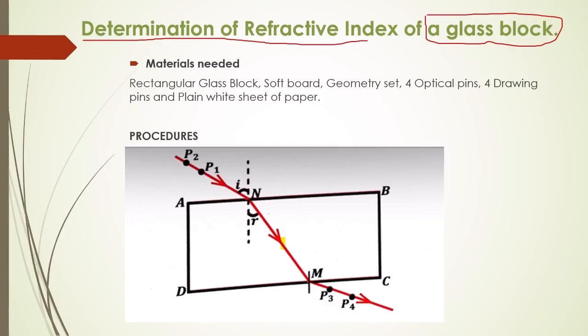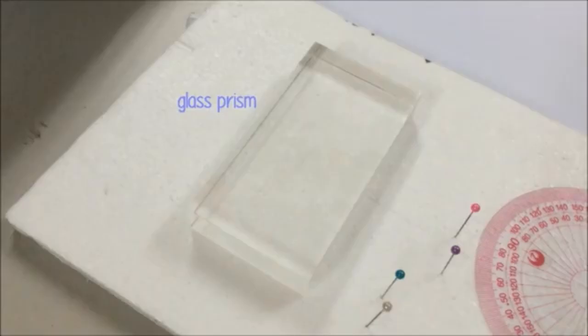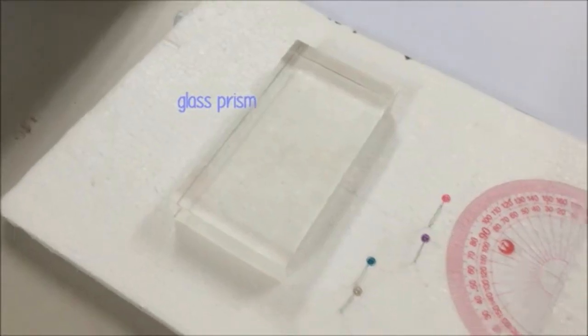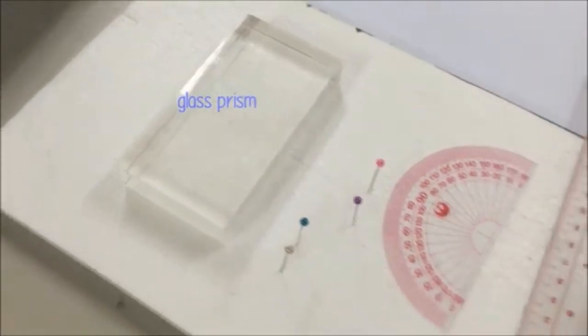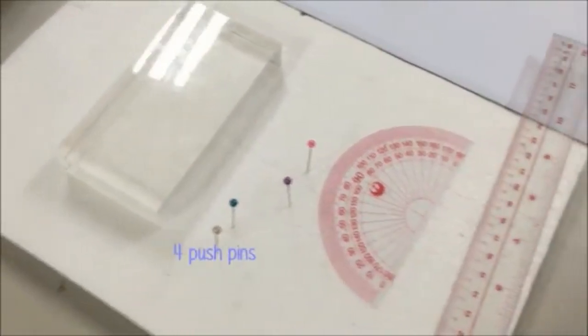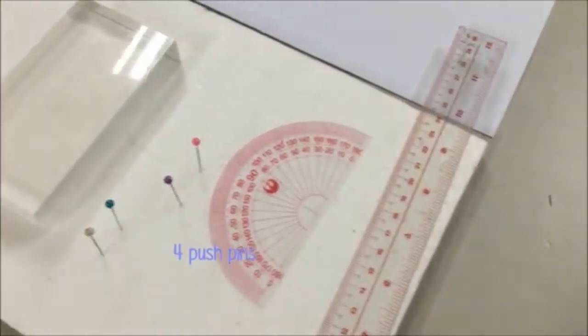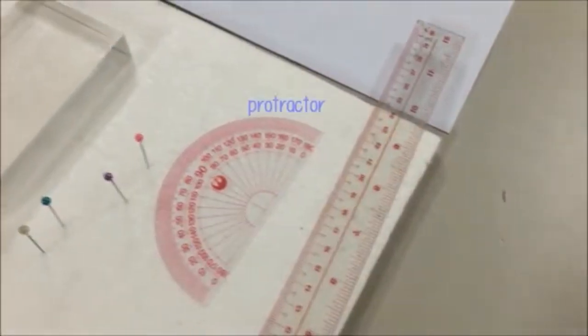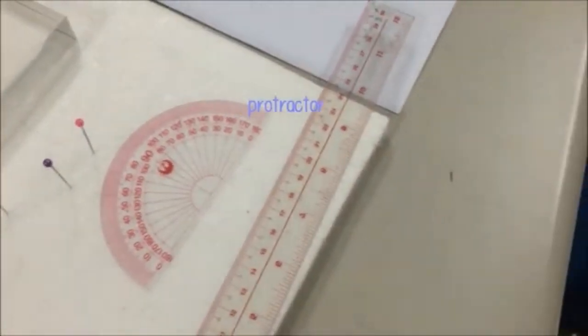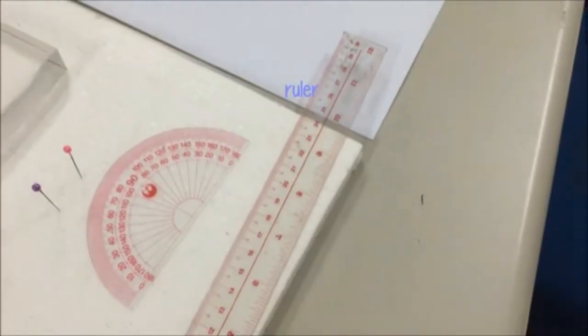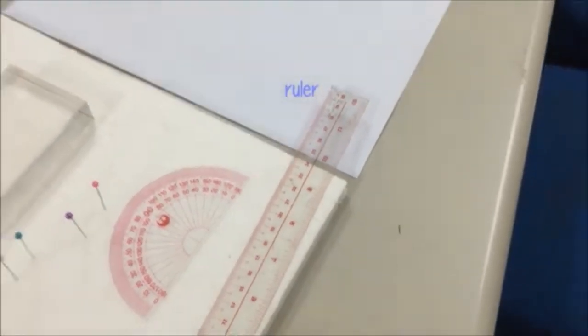For this, the materials we need are the glass block, a soft board, a geometry set, sometimes called a mathematical set, optical pins, four drawing pins, and lastly a plain white sheet of paper.